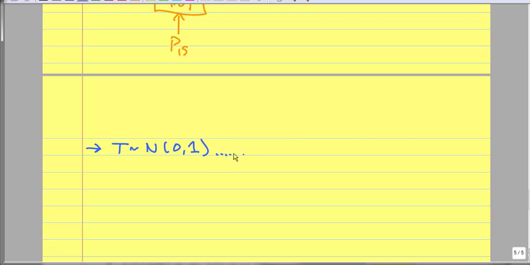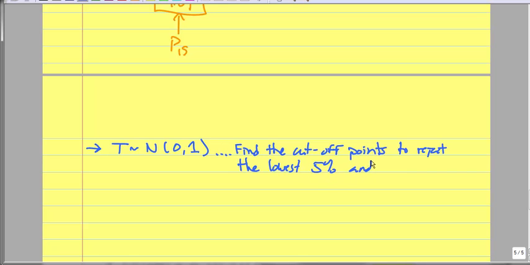So for this example, let's go ahead and find the cutoff point, and there will actually be 2 points here, above and below, to reject the lowest 5% and the highest 5% of temperatures. Okay, so again, a good curve sketch is going to be helpful here.